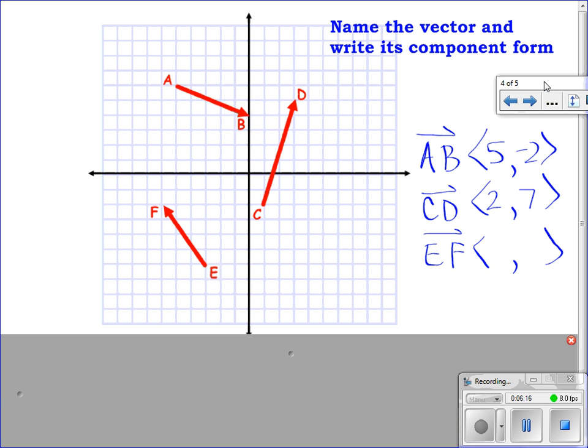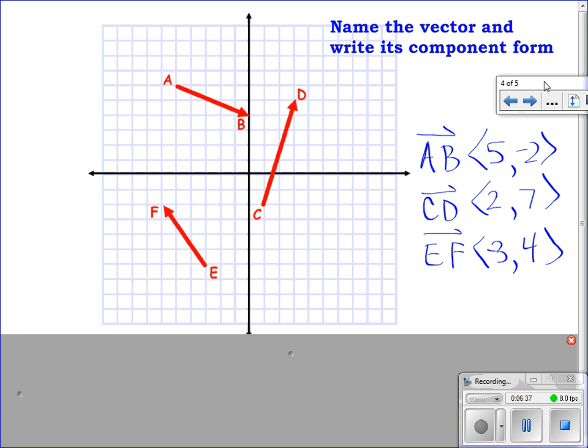It went left, yep, -3. And how far up or down? Is it positive or negative? It went up, so it's positive. Questions on that? Just saying how far it traveled, left or right, and then how far it traveled up or down.